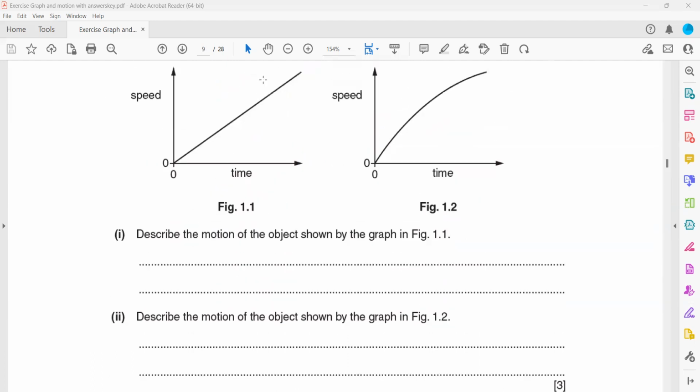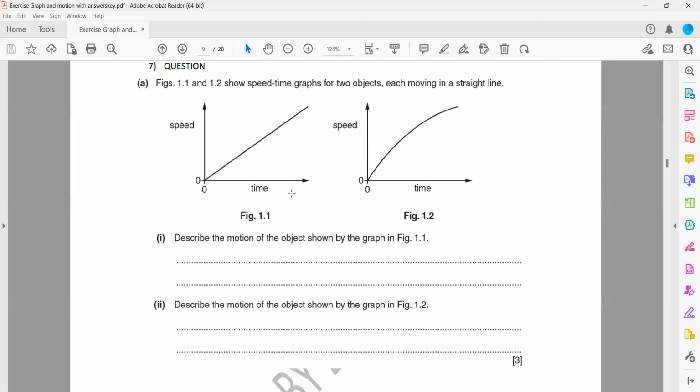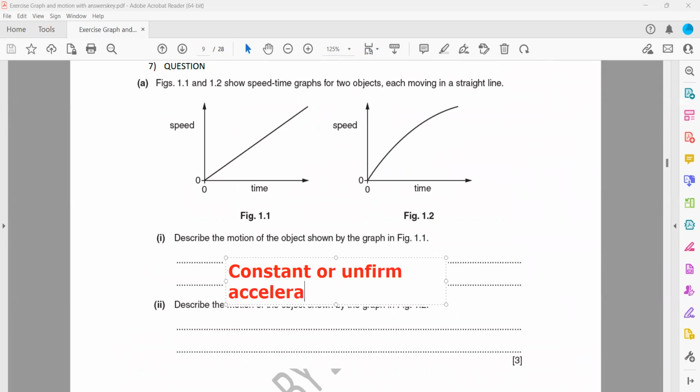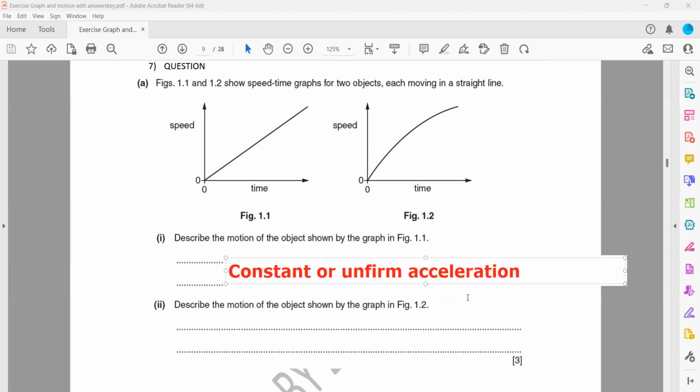So the points which we'll mention: the first one, we can say it has a constant or uniform acceleration. The second one, it has decreasing acceleration.